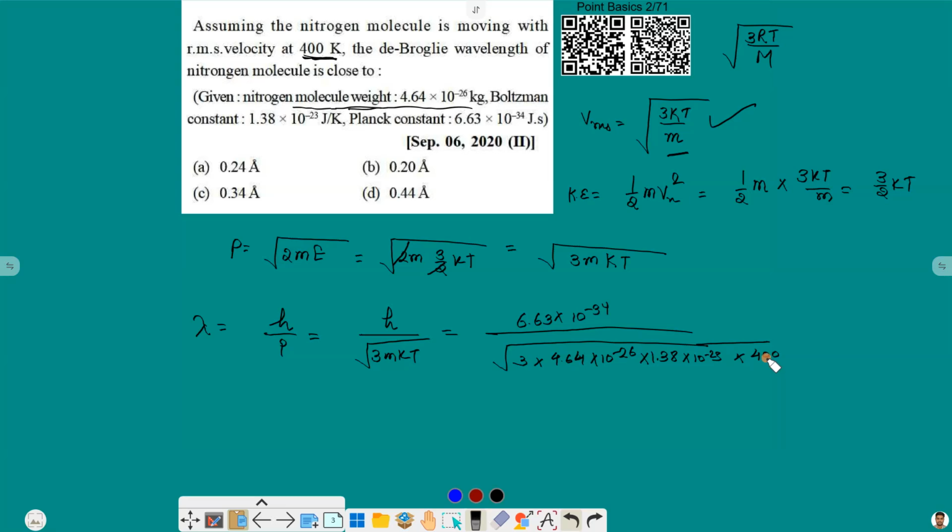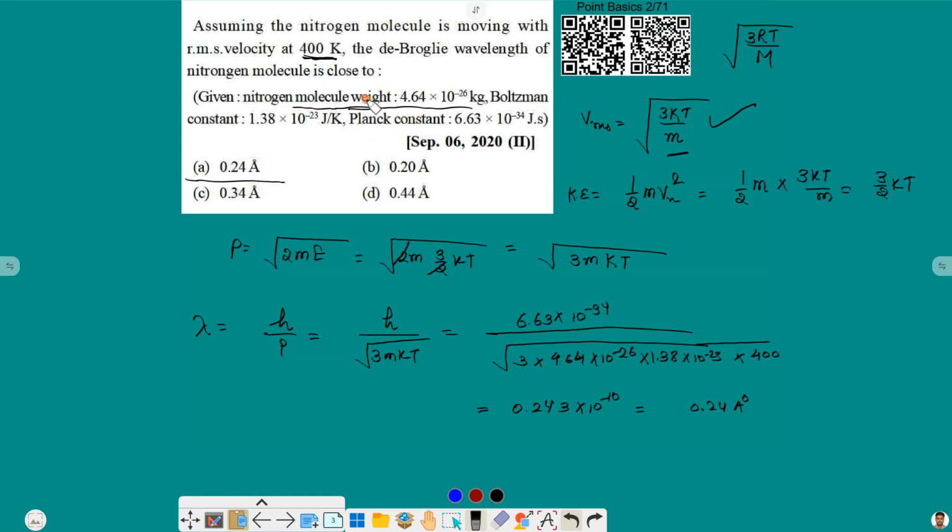Now when we solve this, what will we get? We will get 0.243 into 10 raised to power minus 10, and that will be 0.24 angstrom. That is option A for us.